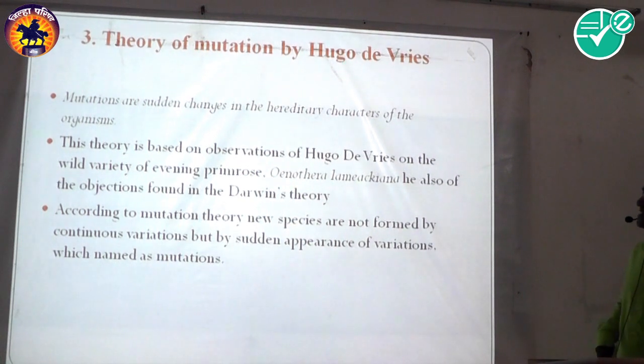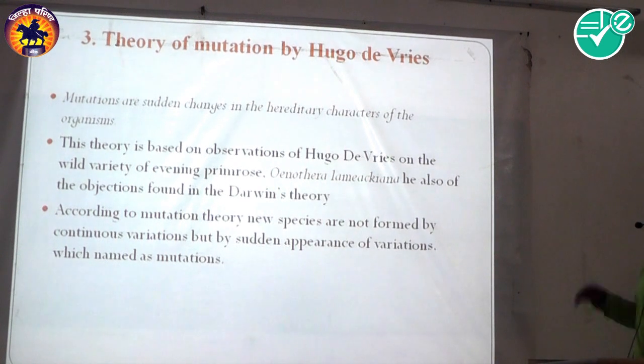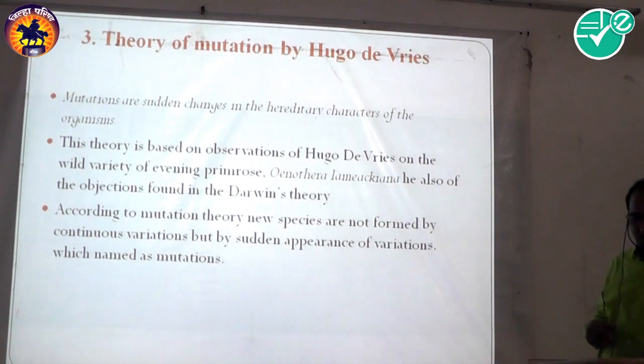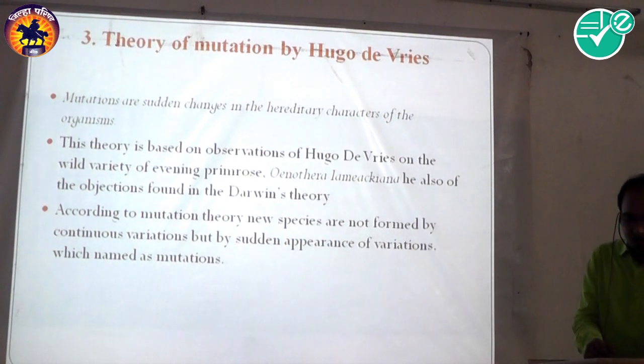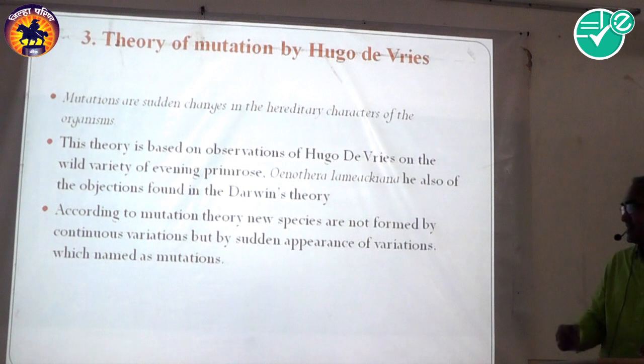This theory is based on the observation of Hugo de Vries on the wild variety of the evening primrose, Oenothera lamarckiana. He also found objections in Darwin's theory. Darwin failed to explain the mutation, but Hugo de Vries explained the mutation. According to Hugo de Vries, mutations are responsible for the origin of new species.